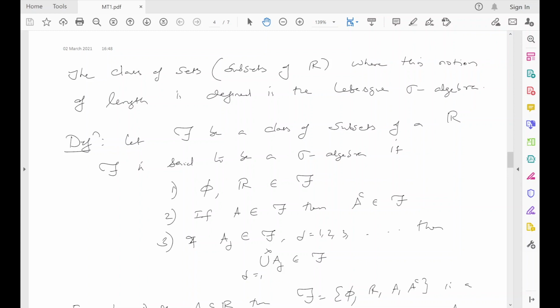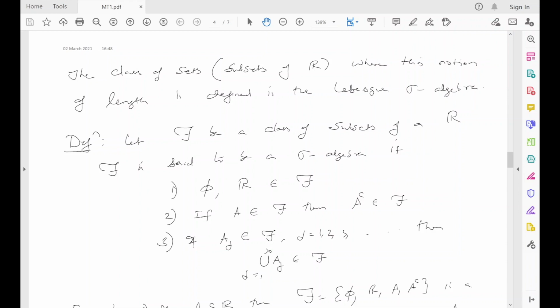So let me define what a sigma algebra is. Let script F be a class of subsets of the real line. F is said to be a sigma algebra if, first of all, the empty set and the real line are in F. Second condition, if A is a set in F, then A complement should be there.